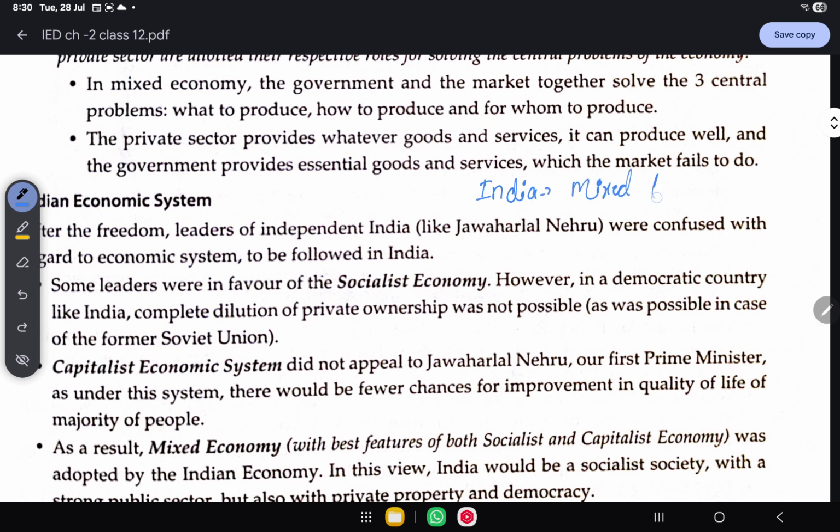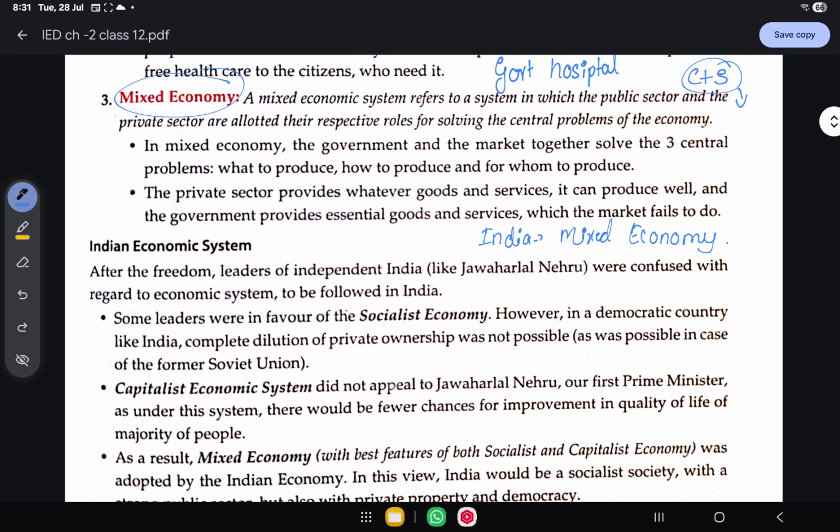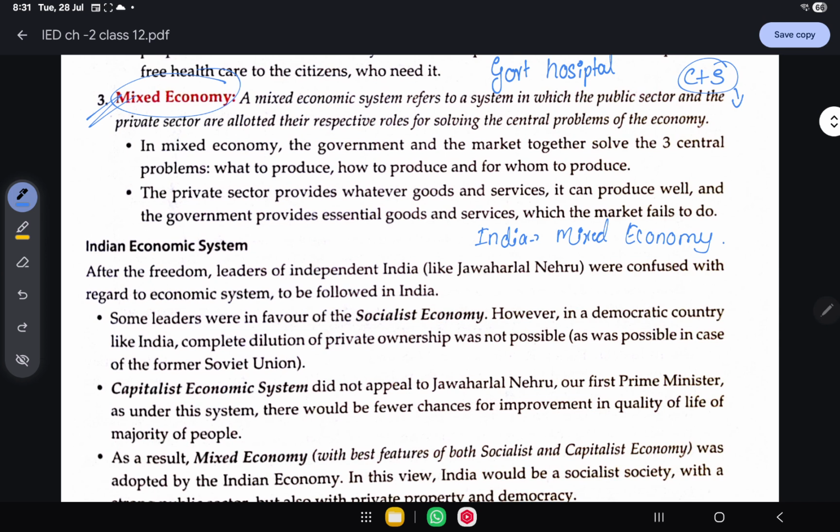In India, the private companies, such as Tata, Reliance and Infosys, produce many goods and services. And the government runs public services like railways, public hospitals, and some welfare schemes. Like this, both the private sector and the government sector operate together in a mixed economy.